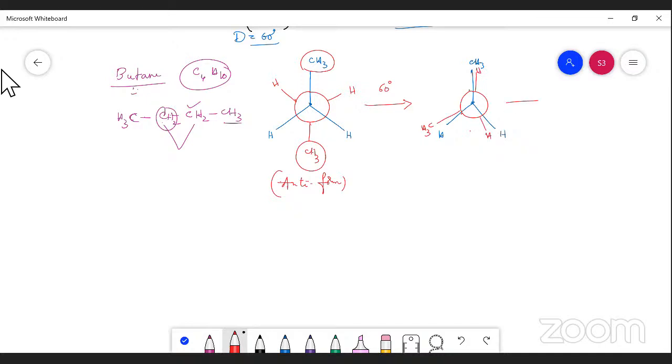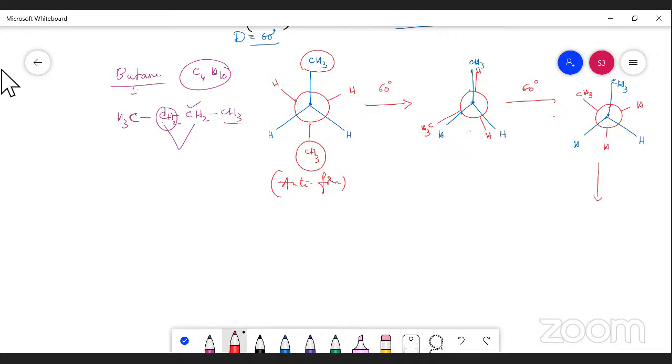If you rotate this further 60 degrees, again we get this: CH3, hydrogen, and this is the back carbon: CH3, hydrogen.